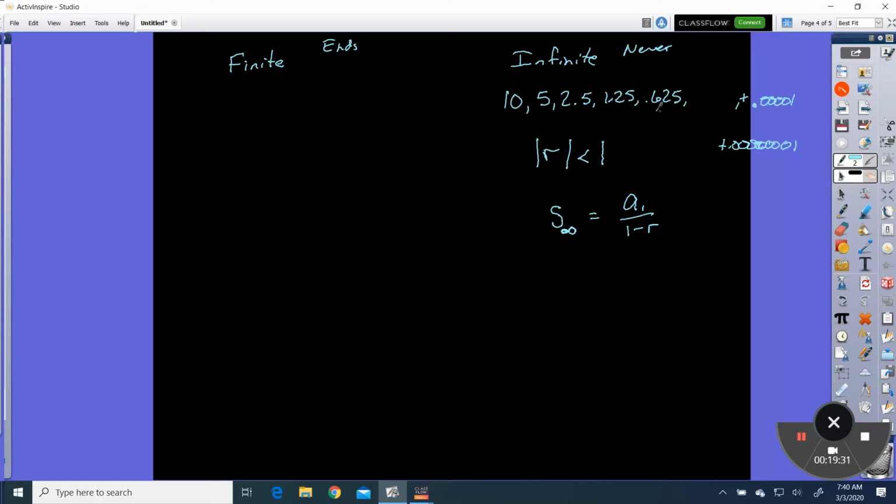So if I were to add up all these numbers, the r in this problem is 1/2. The first term is 10. So 1 minus 1/2. What's 1 minus 1/2? Well, 1 minus 1/2 is a half.